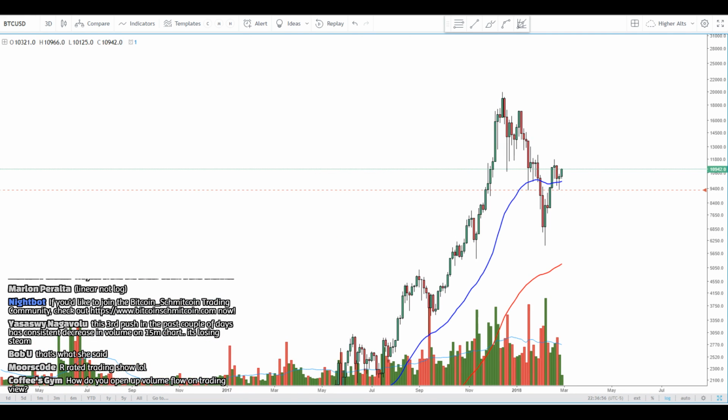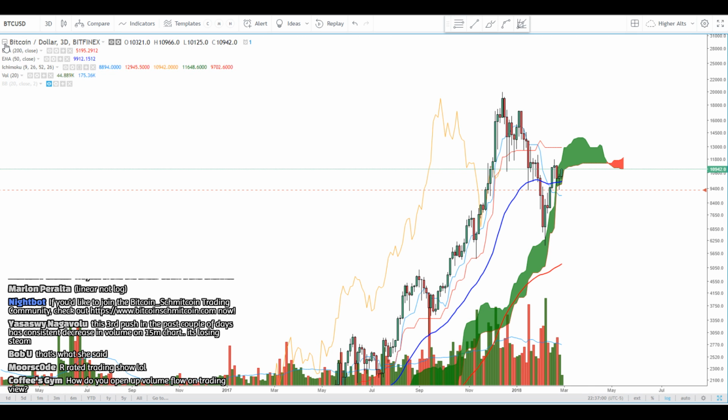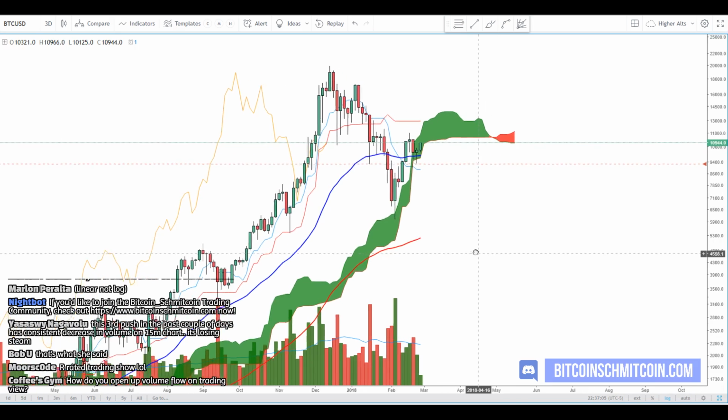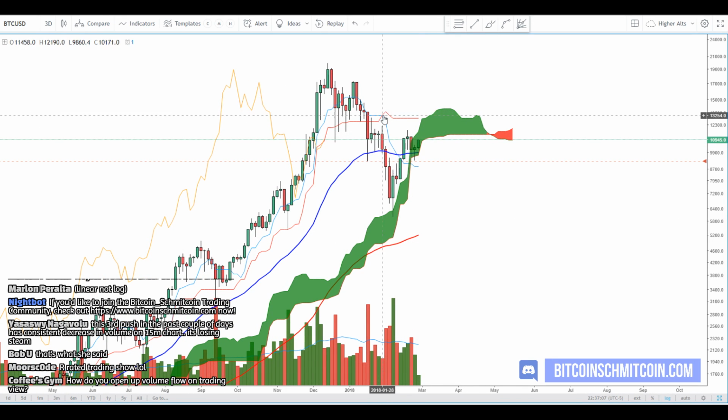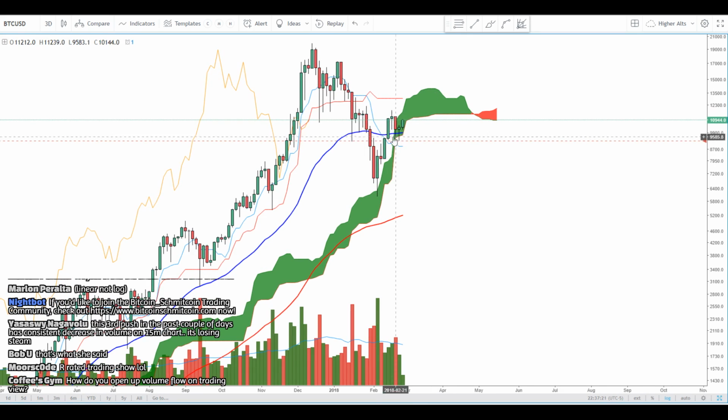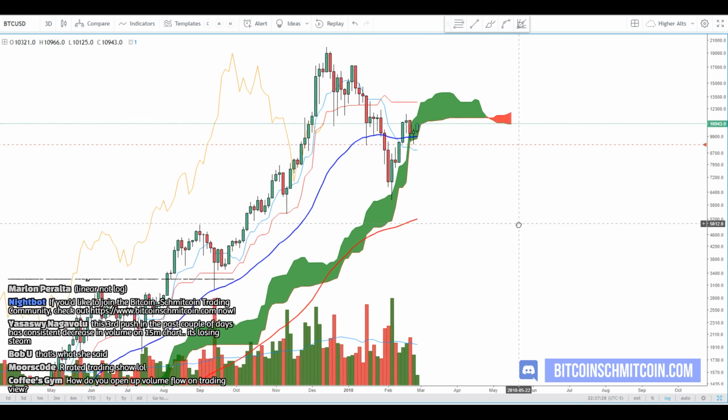We can see the Ichimoku cloud is starting to look pretty bearish because we see a bearish cross on the Tenkan and the Kijun, and we also see a bearish twist on the Kumo. Right now the price is finding support on the bottom of the cloud, which is good for the bulls. It's finding support on the 50 EMA, which is good for the bulls. But if this manages to push through, there's not a whole lot holding this up on the 3-day.